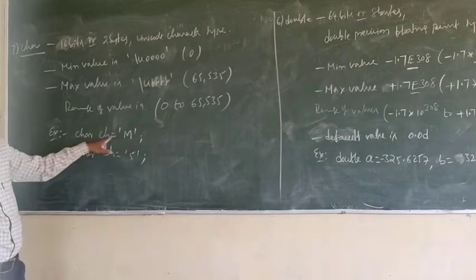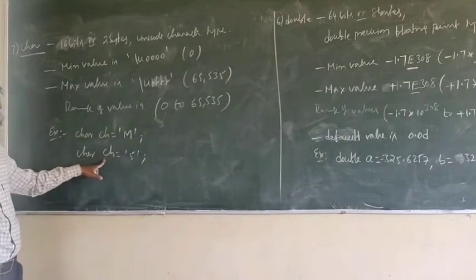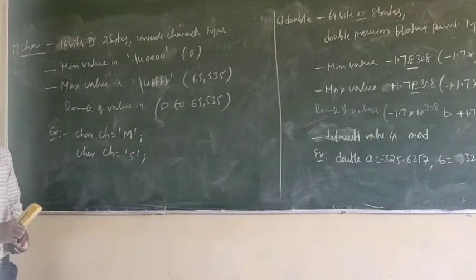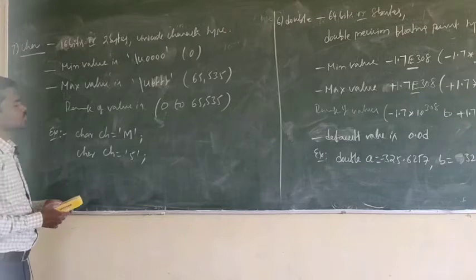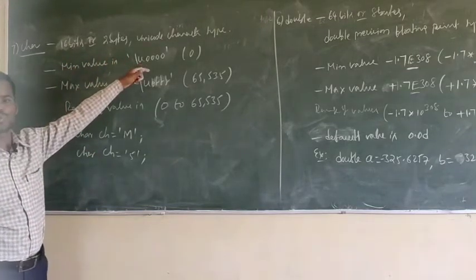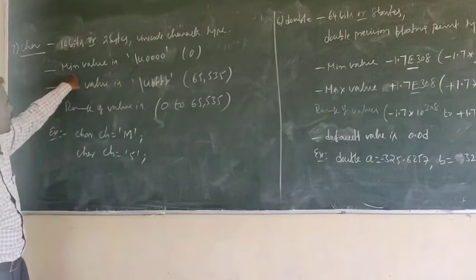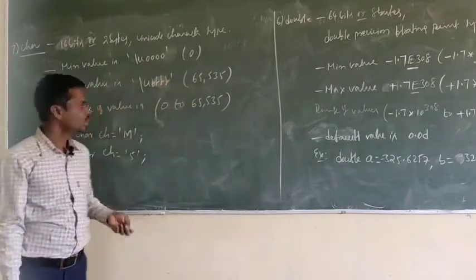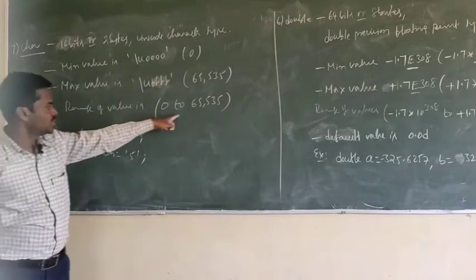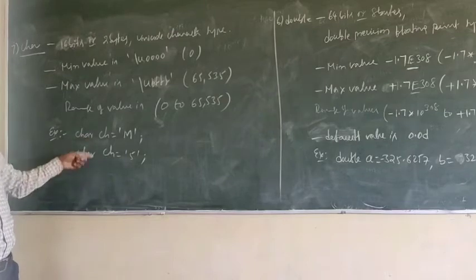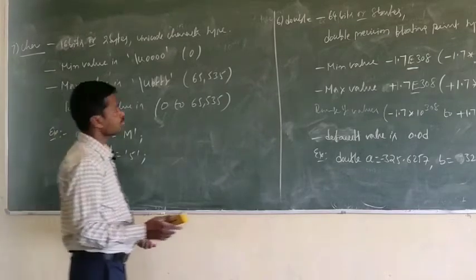Here 'm' you are assigning to ch, here '5' you are assigning to ch. If you represent any values in single quotes, that is called character type. So character type contains 16 bits or 2 bytes, and it is a Unicode character type, minimum value is 0 and maximum value is 65,535, and the example for character type is like this.